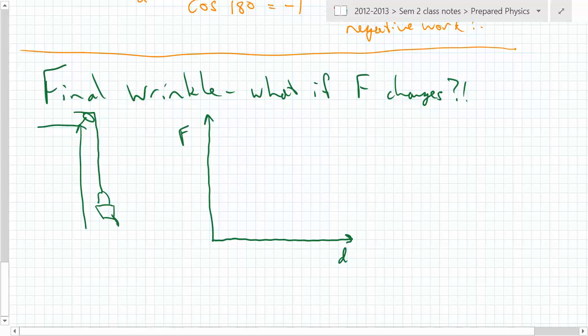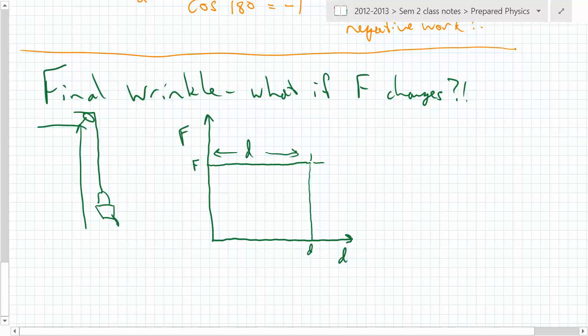If we take a graph of force versus distance, in the case of a constant force, the force is the same the whole way. Call it some amount F. And it acts over some distance. Call it D. And so when we take force times distance, what we're actually finding is force from here to here, and this is distance, except do it correctly and label it correctly and not backwards.